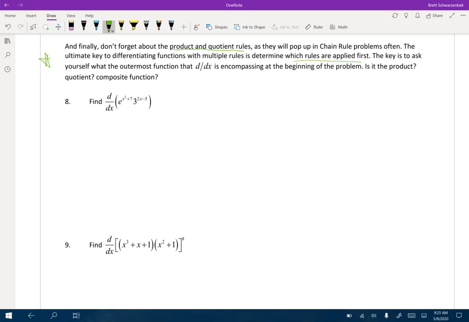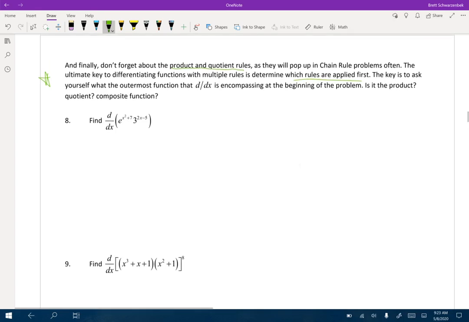Okay, so this should sound familiar. In the product and quotient rule section, I think it was 3.4, we talked about doing one or the other first. So now we have a third rule that also is part of what we have to do. So now when we find the derivative, we have to determine which one goes first.